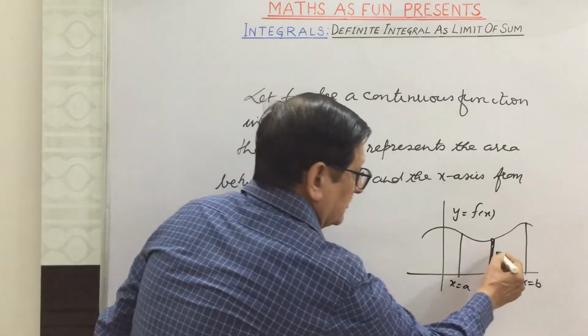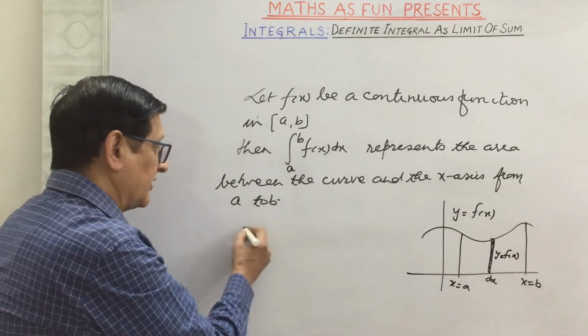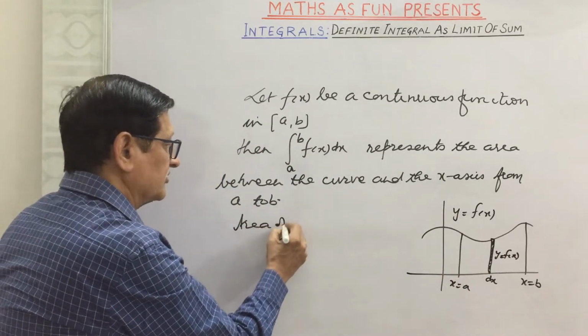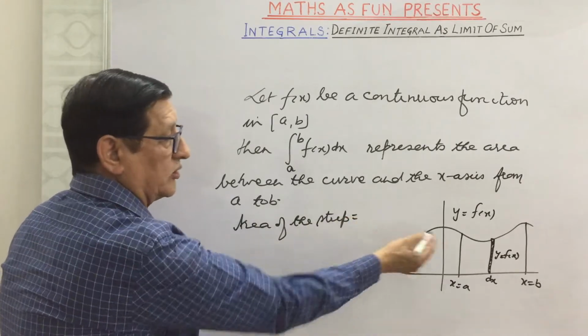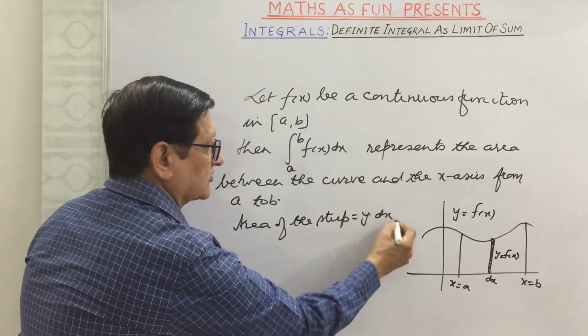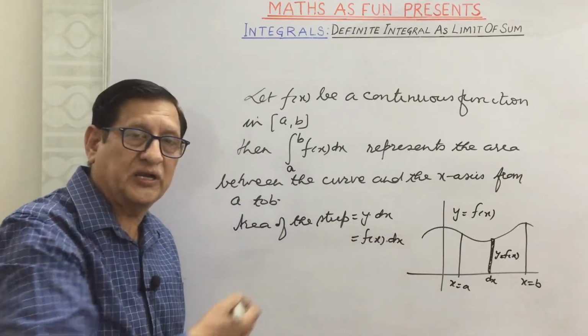And this is suppose y, which is equal to f(x). Can we say that the area of the strip will be equal to y into dx, or we can say f(x) into dx, that is length into breadth.